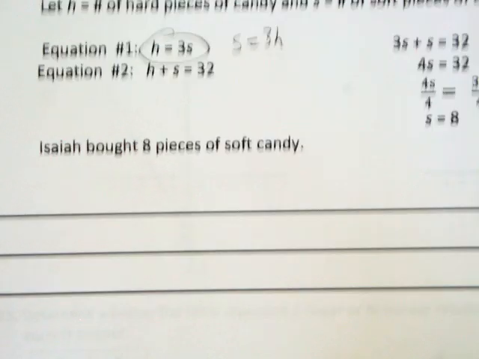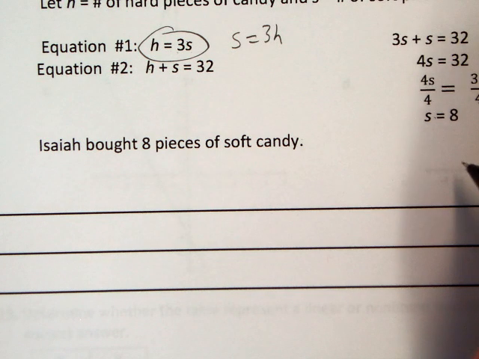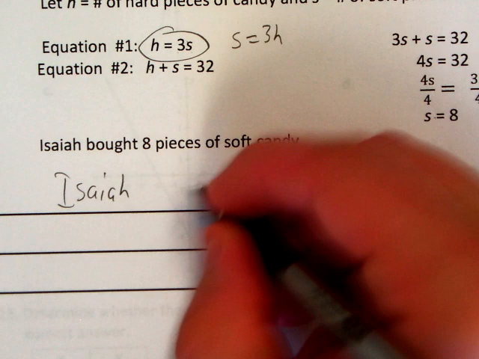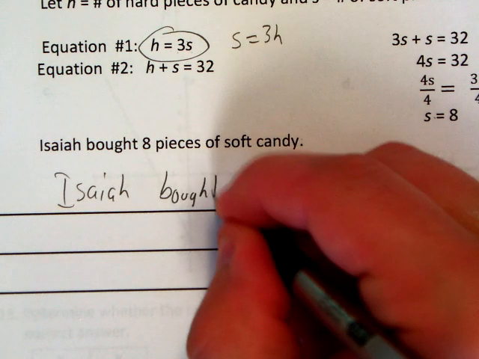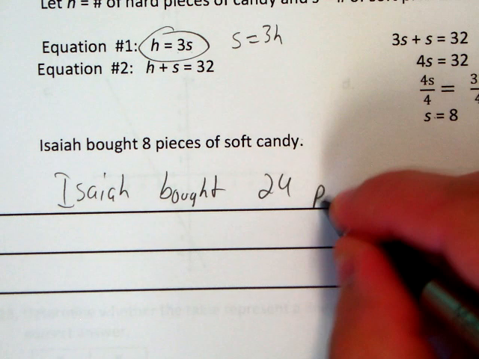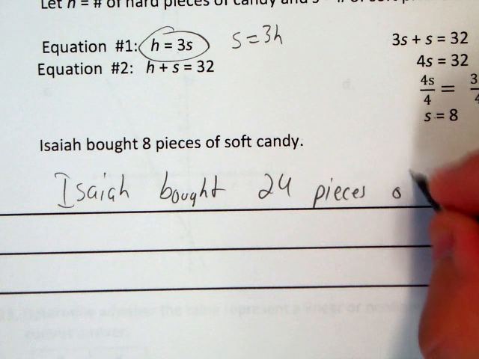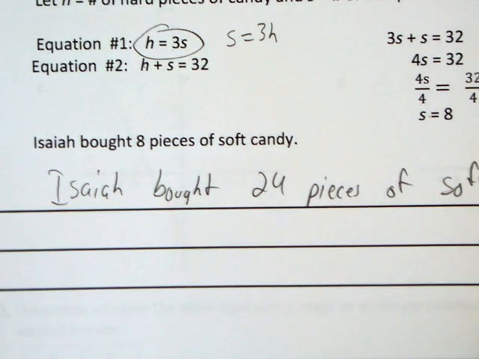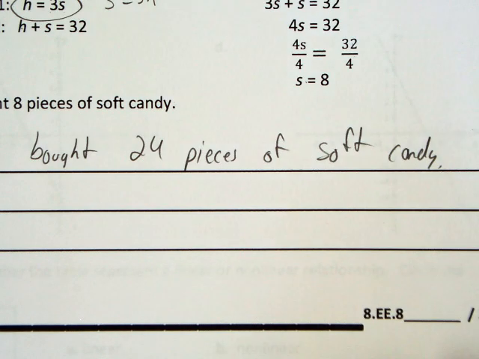So it should have been S equals 3H. So if she would have gone through all of this work correctly, she would have gotten that Isaiah actually bought 24 pieces of soft candy instead of 8 pieces.